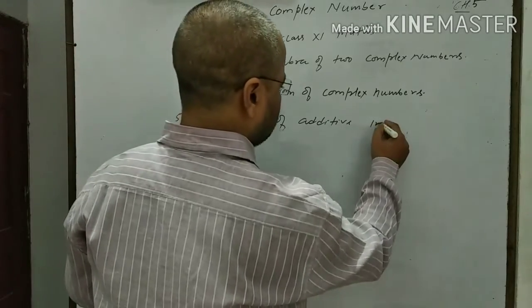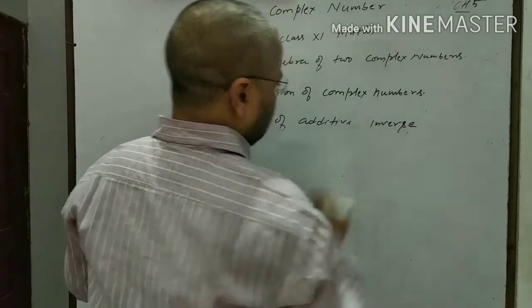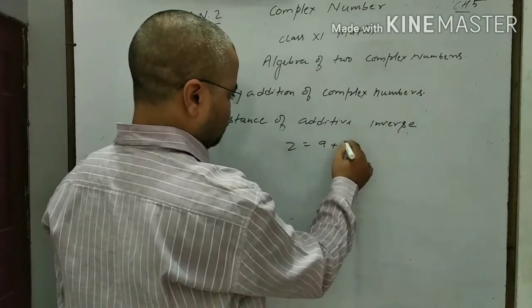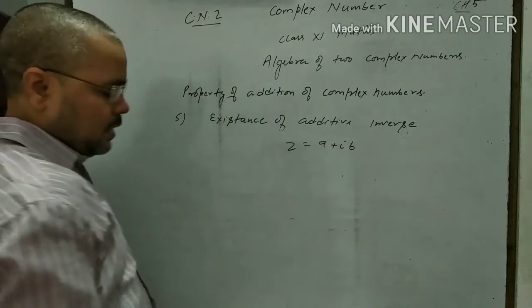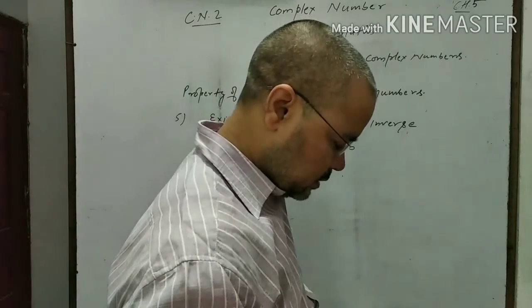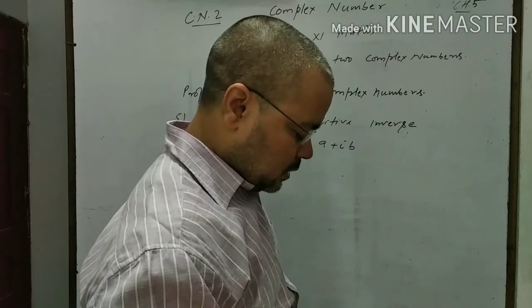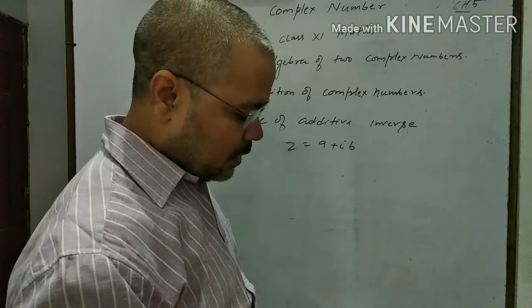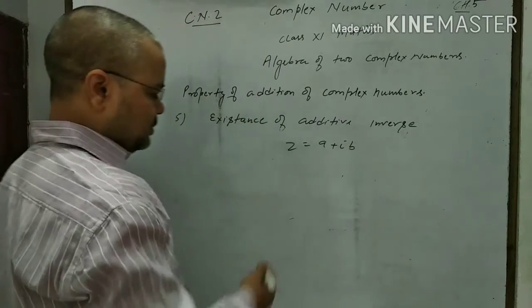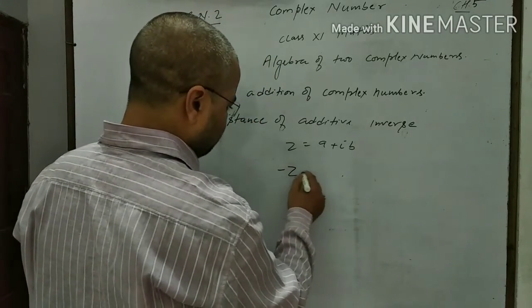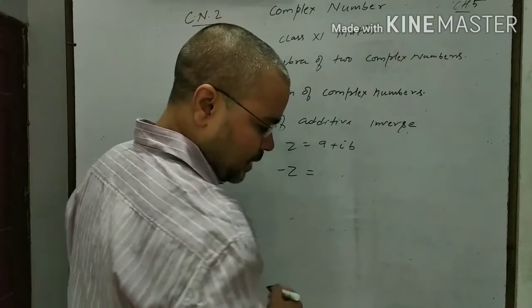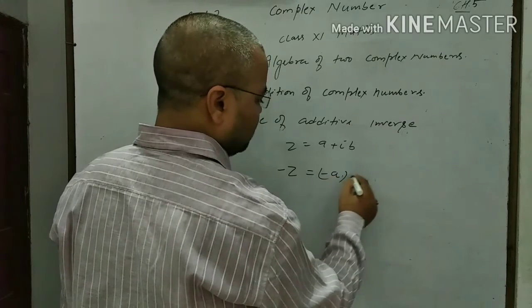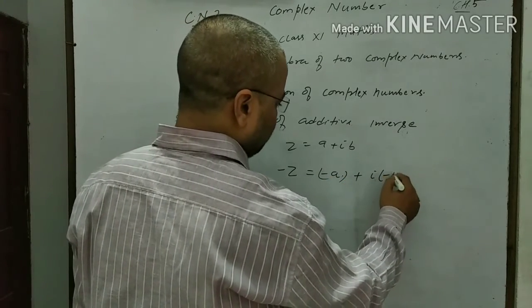If we have any complex number z equal to a plus ib, then its negative is defined as minus z, which is equal to minus a plus i into minus b.